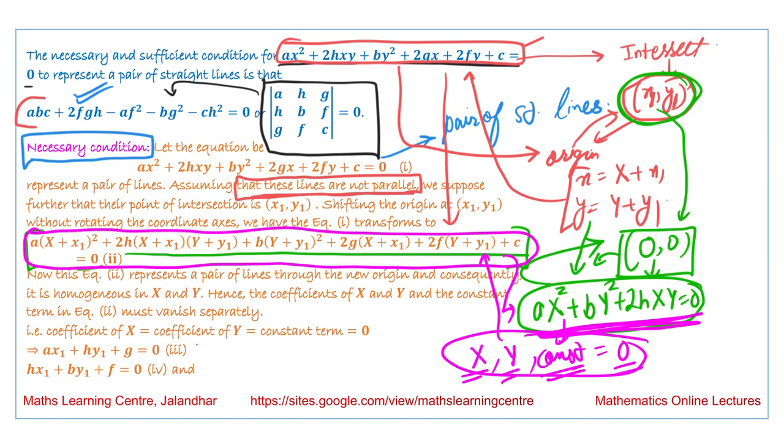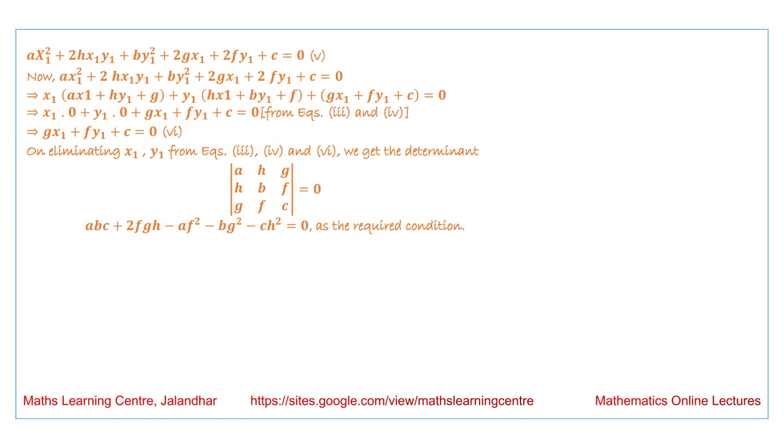If we equate these values to 0, we get ax1 plus hy1 plus g is equal to 0. Second, hx1 plus by1 plus f is equal to 0. And the third condition is ax1 square plus 2hx1y1 plus by1 square plus 2gx1 plus 2fy1 plus c is equal to 0.